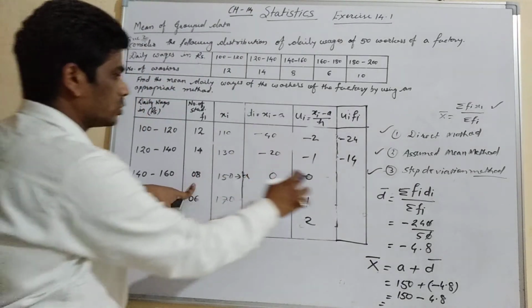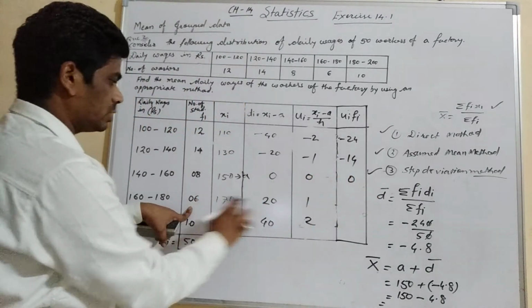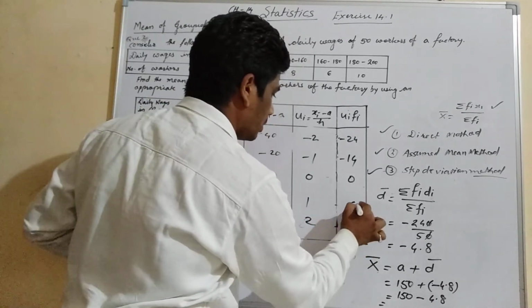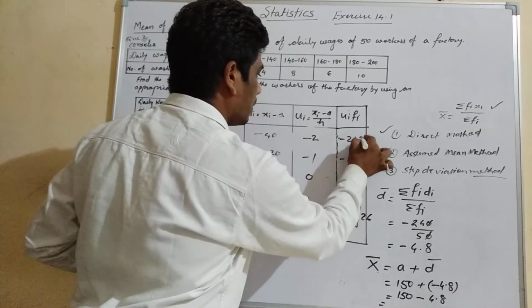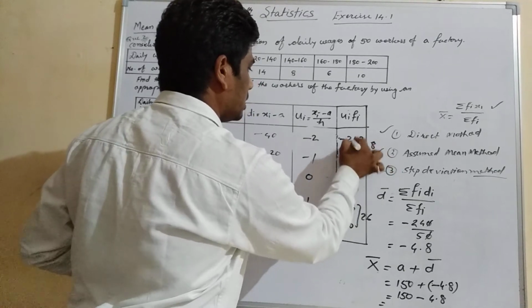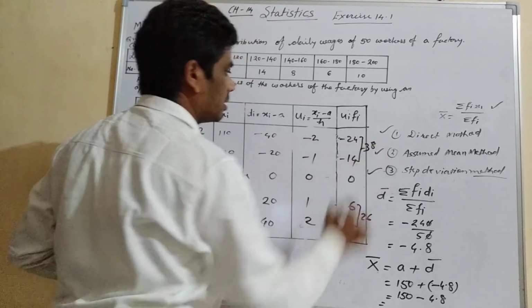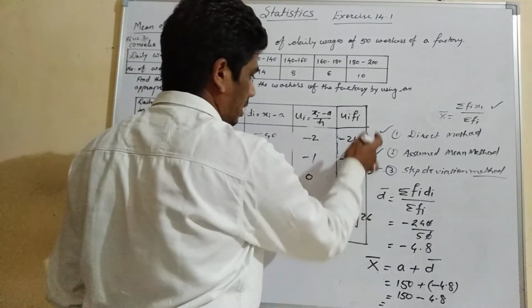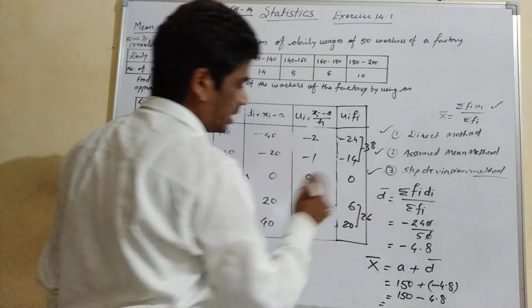Then 8 zeros are 0. Then here 6 ones are 6. And here we will get 10 2s are 20. So it will be 26, and this will be 8, and this is 3, means minus 38. We got here minus 38. We will take the difference of minus 38 and 26.